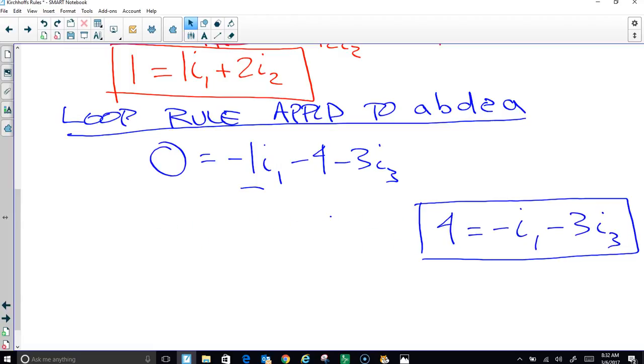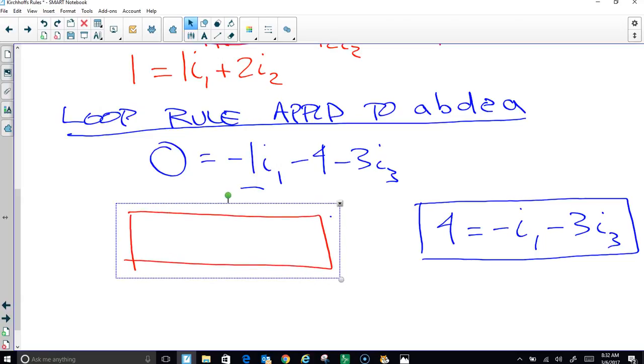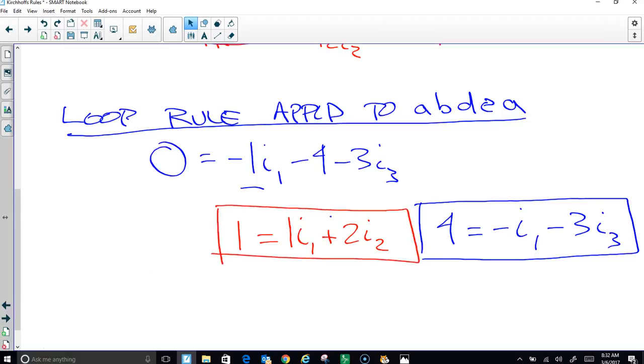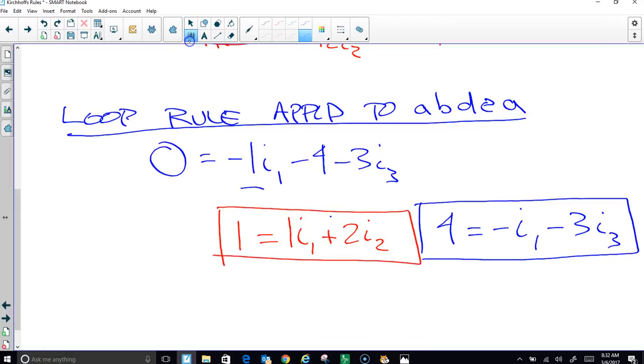So I have that equation, and from before, all the way at the top, if I remember correctly, I have I1 is equal to I2 plus I3.